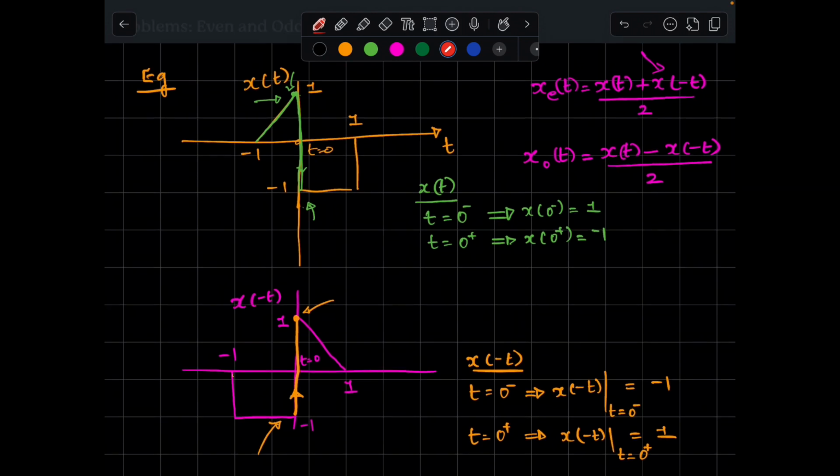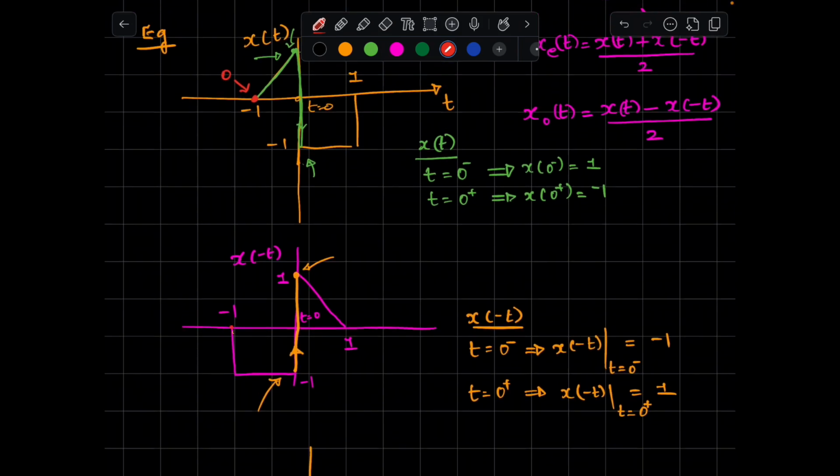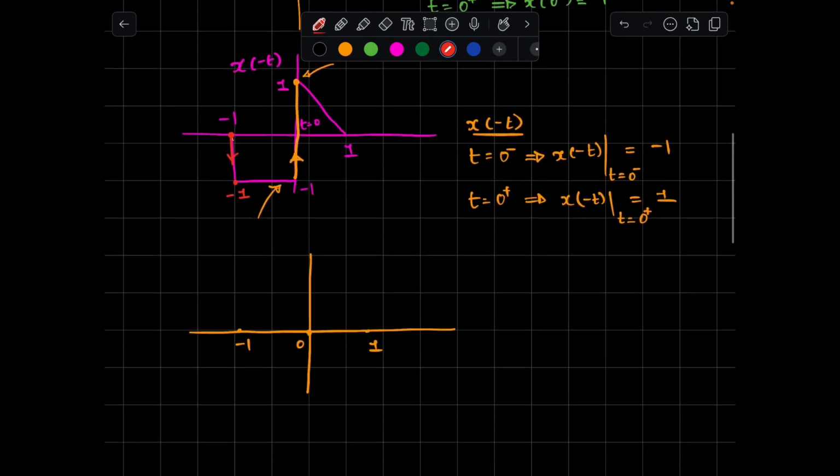At -1, the amplitude of the first signal is 0. And what about the second signal? You see the second signal is jumping from 0 to -1. So if I add them, the amplitude is very close to -1, since 0 plus -1 is -1. Let me write it here.